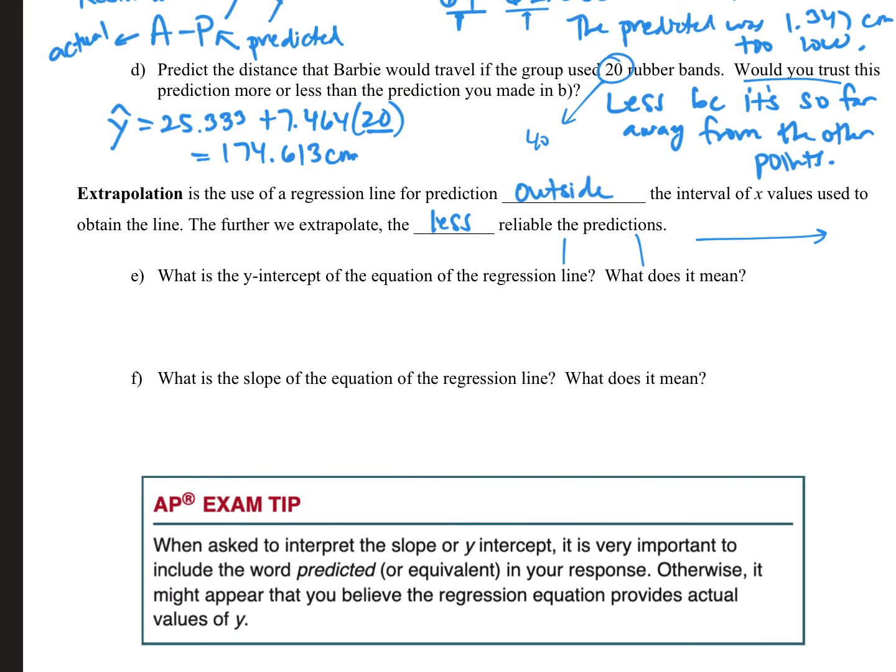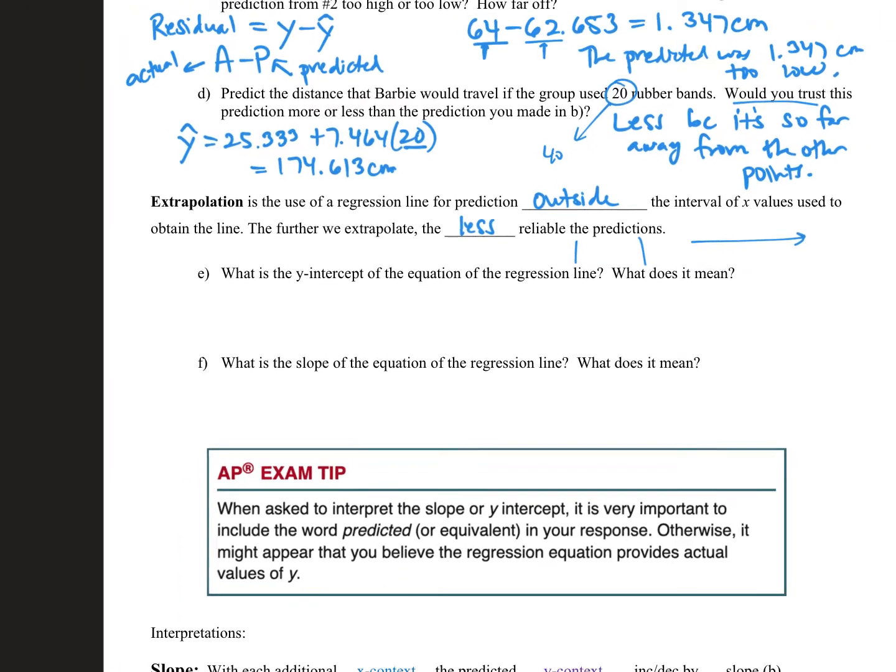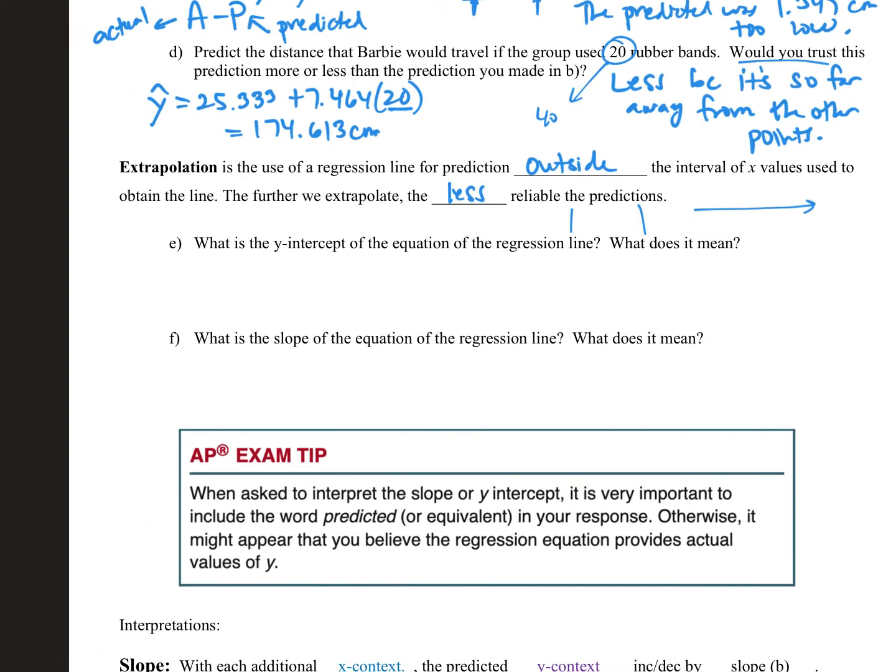Okay, so what is the y-intercept of the equation of the regression line? If you look up here, I can find it right here. Our y-intercept is 25.33 centimeters. It's always the y value. Okay, and what does it mean to be a y-intercept? Well, here's what it means.